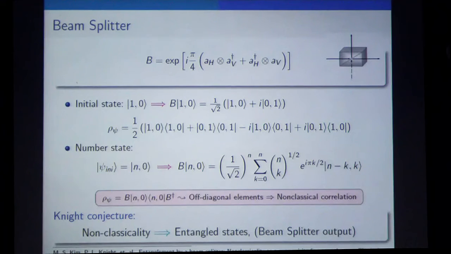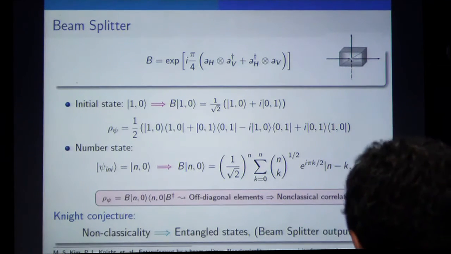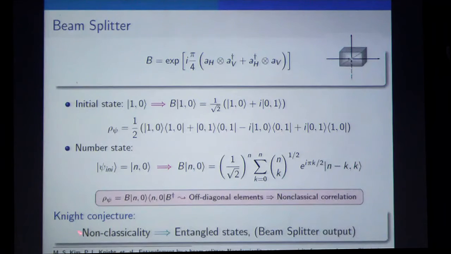These results inspired the paper published by Knight, where he said that if we want to have entanglement in the output of a beam splitter, it is necessary that one of the two states in the input of the beam splitter has to be a non-classical state. With this paper, we established what we name the Knight conjecture. And if we can verify that the output state is entangled, we can be sure that one of the two states that we are injecting is non-classical.